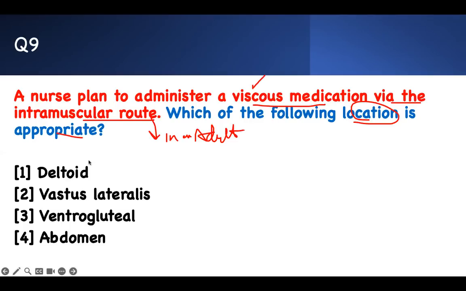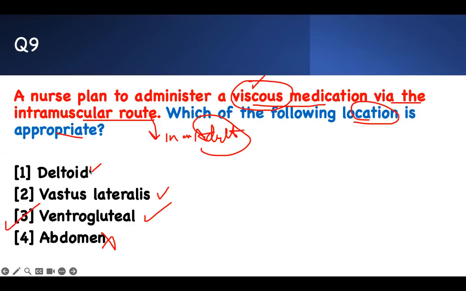Iron medication, you can put in the deltoid, vastus lateralis, and ventrogluteal. You don't put it in the abdomen. But in an adult, the best site is the ventrogluteal area. You can give it to the deltoid, but the medication is what? Viscous.